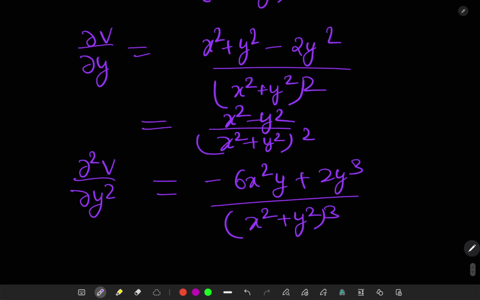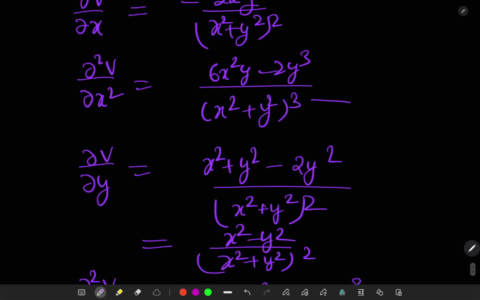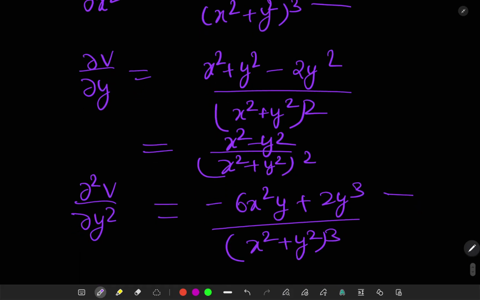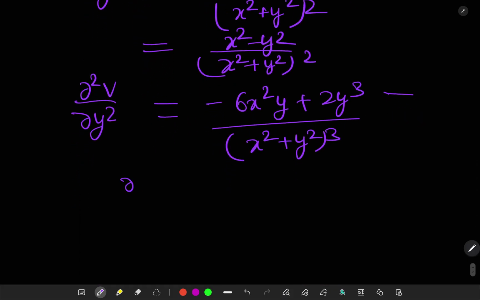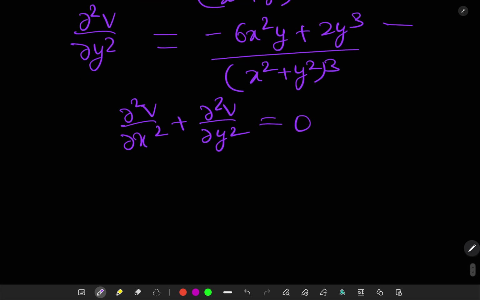As you can see, if we add these both terms, we get 0. Hence, both u and v satisfy Laplace equation.